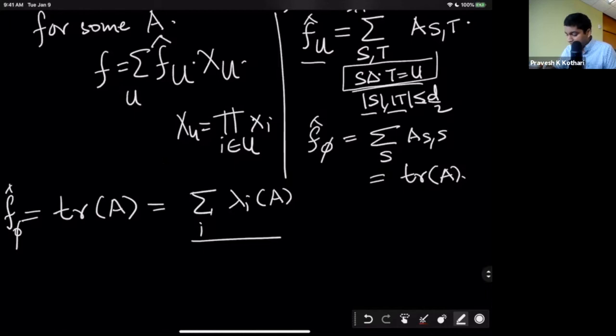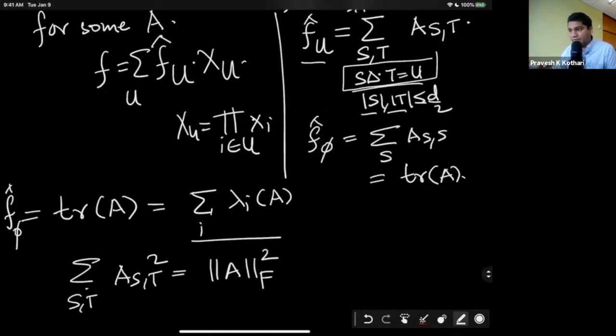And what that means is that, another exercise I'm going to use from the homework is that the sum of the squares of the entries of the matrix A is what is called the square of its Frobenius norm. It also equals the sum of the squares of its eigenvalues.